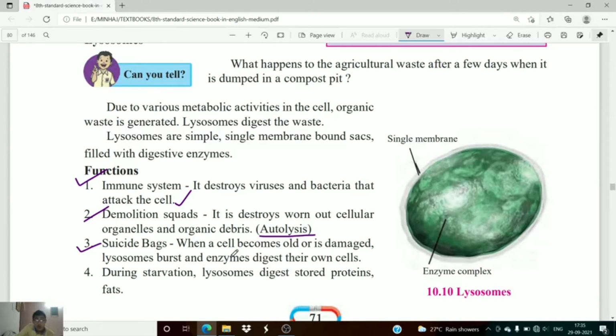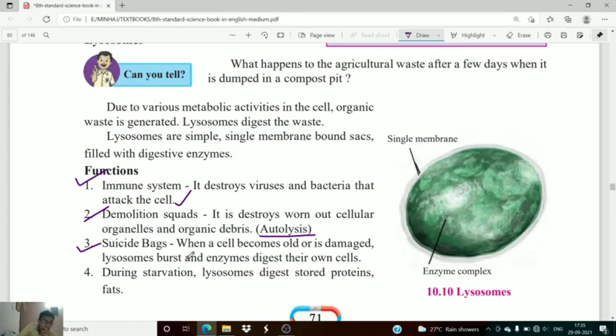So if a particular cell is not in function, or it has become old, or it is damaged for some reason, then this particular organelle, the lysosome, is going to burst. There will be a destruction in the membrane and the enzymes will digest the own cell.